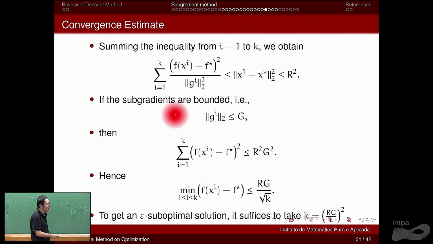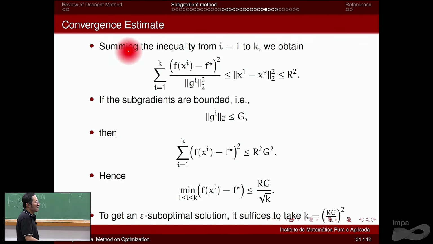And if we know the subgradient is bounded, then we can have this summation is less than this one, and then we have the minimum of f_i minus f star is less than this one, okay, and then we can get the epsilon solution, which satisfies this.